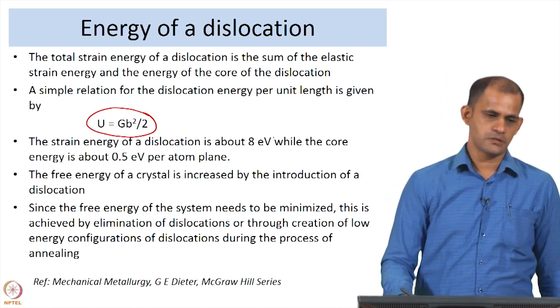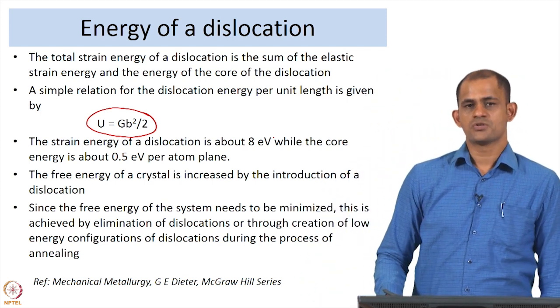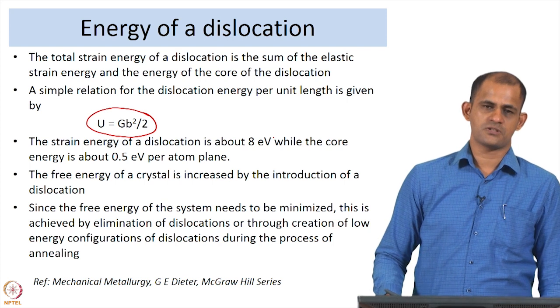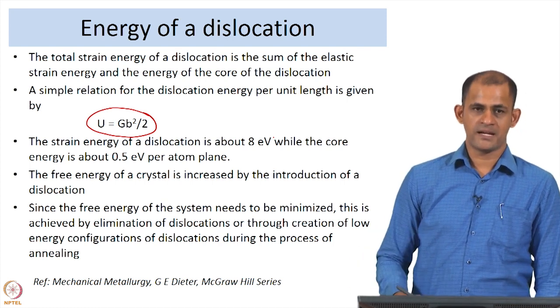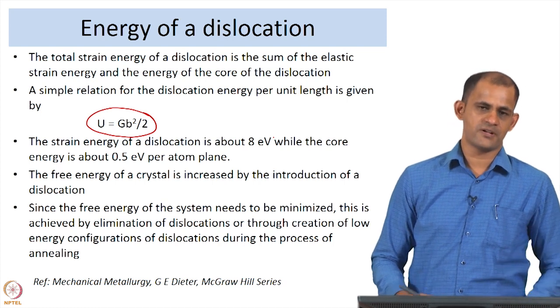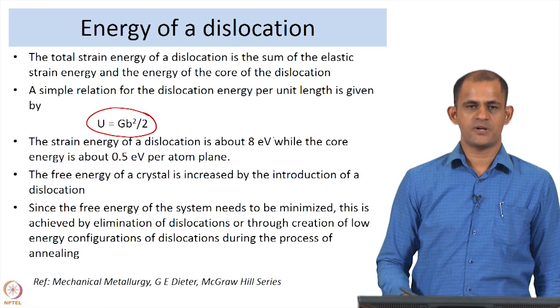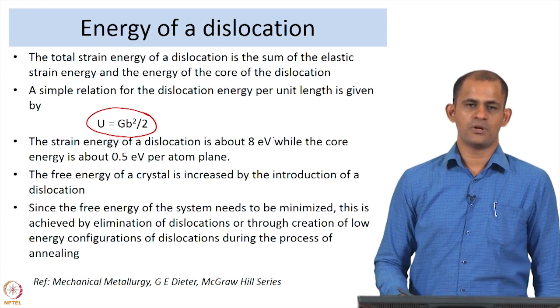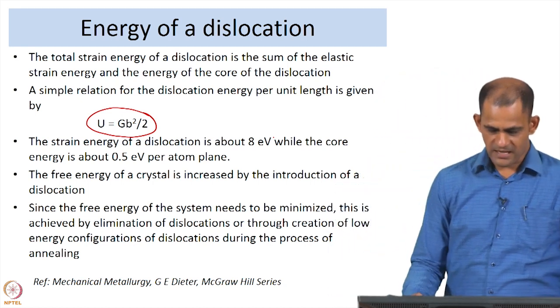Since dislocations tend to arrange themselves in certain configurations, during annealing they may choose to create a low energy configuration. They may develop a new network or arrangement of dislocations which will have a lower energy contribution. So, that is the effect of annealing.